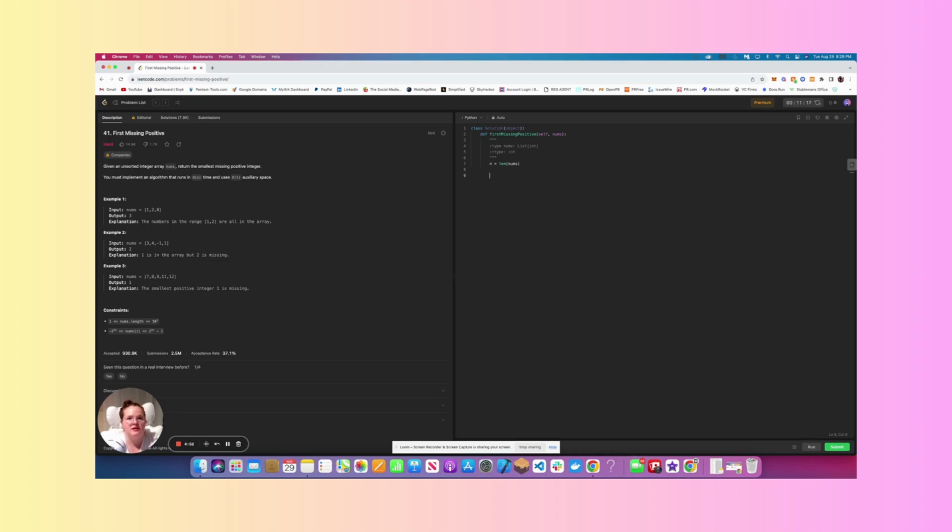So I'm going to say for i in range n, while 1 is greater than or equal to nums[i], which is greater than or equal to n.